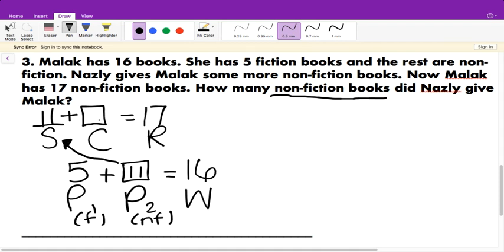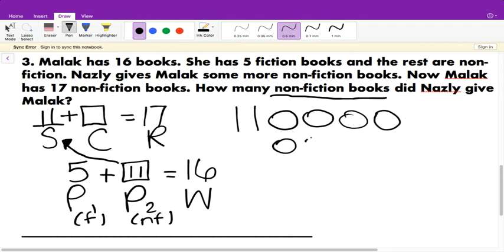Okay, now I'm going to take this 11 and move it up to my start. And now I'm ready to solve for this change. So to draw this picture, I'm going to start with 11. I'm going to count up to 17 to find how many more I needed to get to 17, or at least to prove how many I needed. So 11, 12, 13, 14, 15, 16, 17.